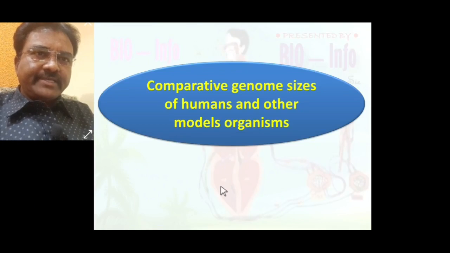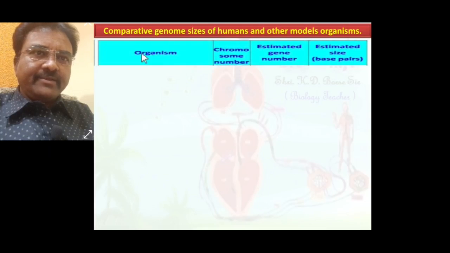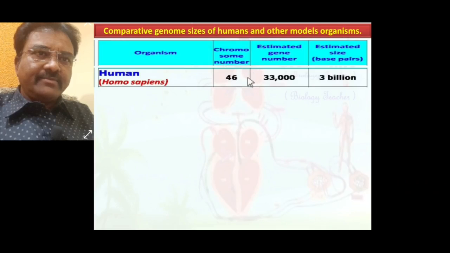Comparative genome size of the human and other model organisms. In the table are noted organisms, chromosome numbers, estimated gene numbers, and estimated size in base pairs. First, human, Homo sapiens: 46 diploid chromosomes, estimated gene number 33,000, and estimated size 3 billion base pairs.